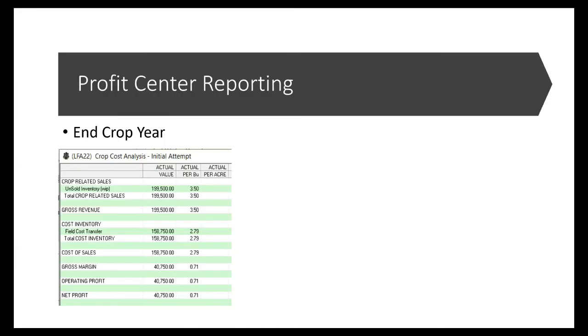And here's an example of just a simple year-end reporting where we have an unsold inventory. We have that 350 in, and then we have just a single number of field cost transfers of 279, and that's a basic profit center report. But the way FBS works, when we just run it by marketing center, we lose the detail on acres.